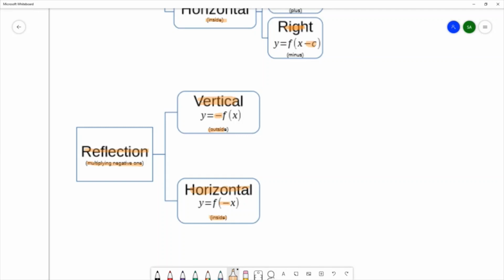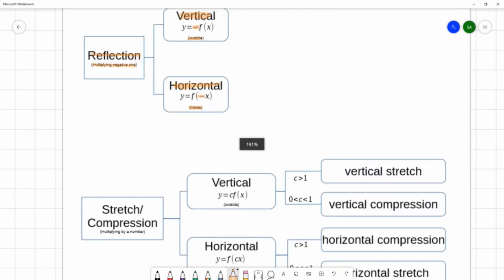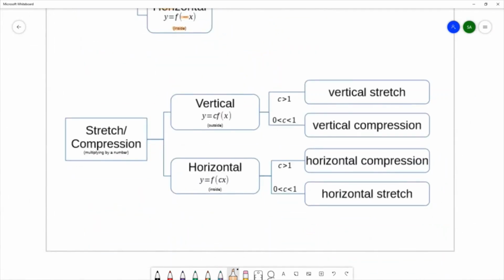And then we have a third type of transformation, and the third type of transformation is called a stretch or compression. And a stretch or compression happens when you multiply by a number. You can multiply on the outside or multiply on the inside. If you multiply on the outside, you have a vertical, either stretch or compression.